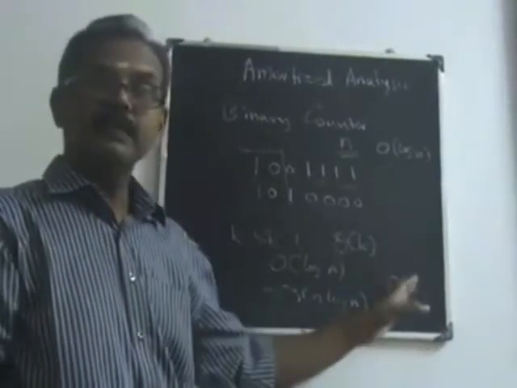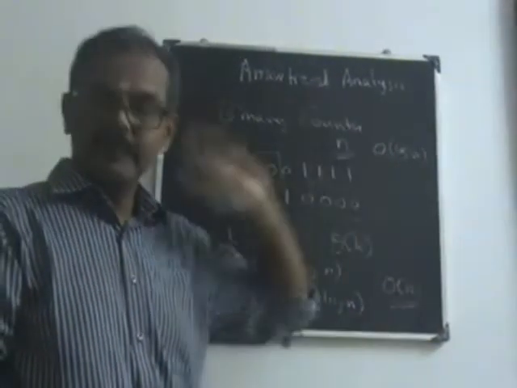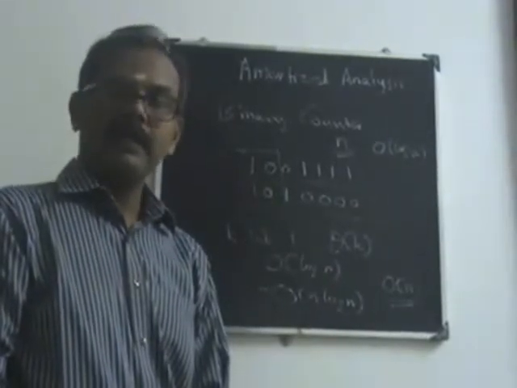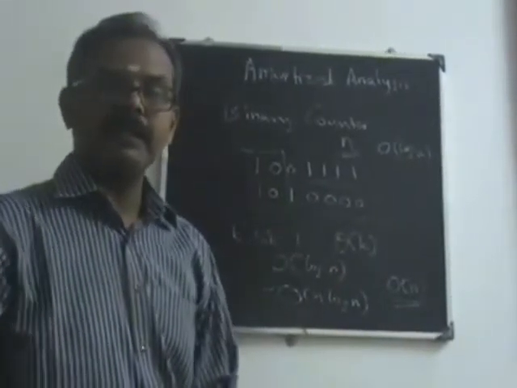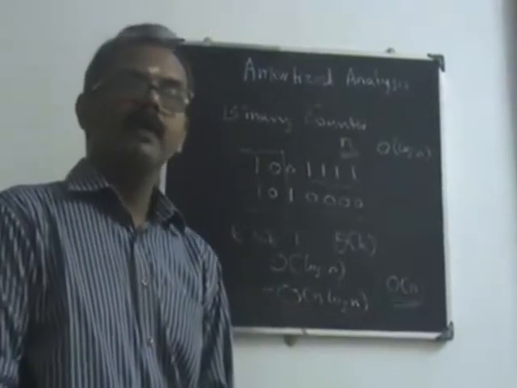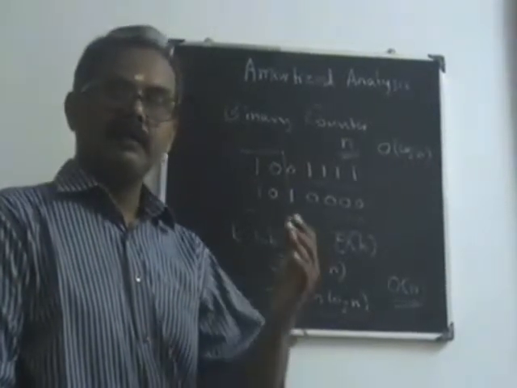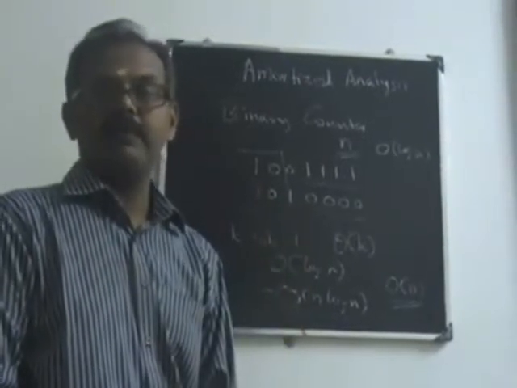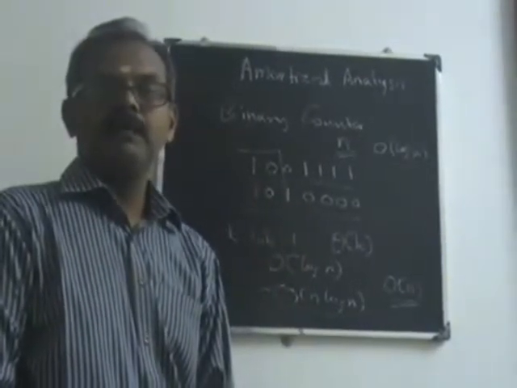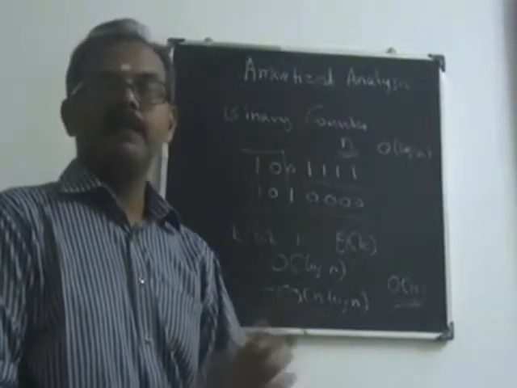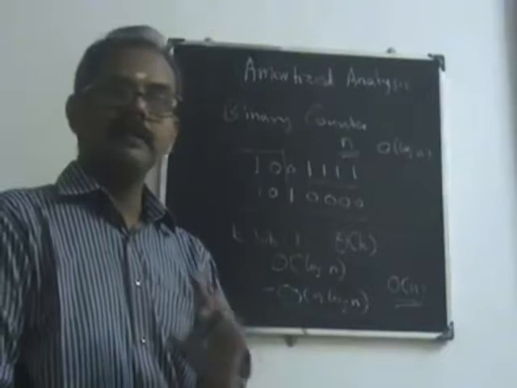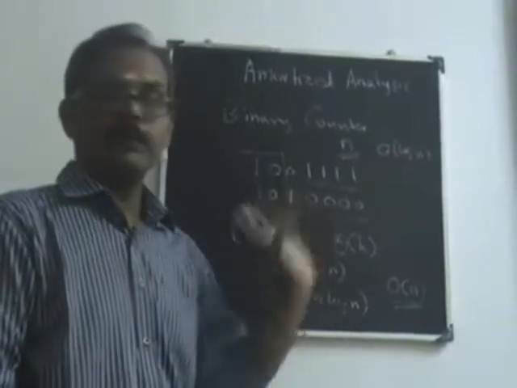That is when we do the amortized analysis. I already stated that amortized analysis can be carried out in 3 different ways: the aggregate method, the accounting method and the potential method. We can see them one by one for this particular case.